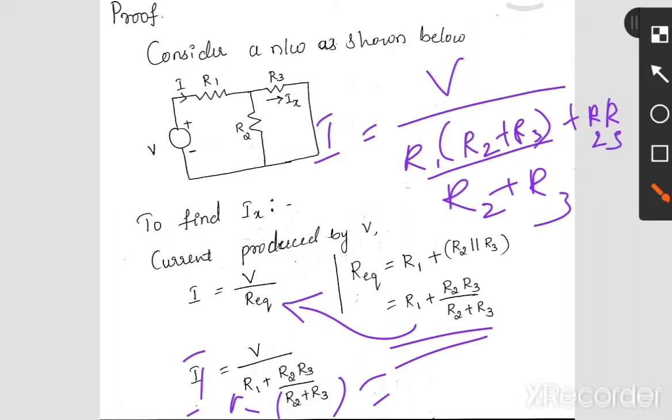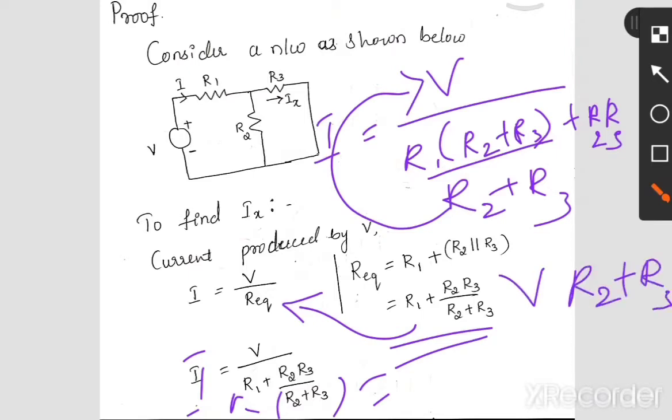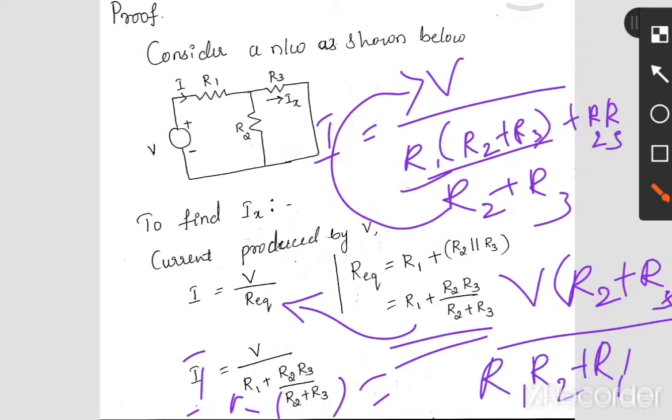Now the R2 plus R3 can come up. So V into R2 plus R3, divided by R1 R2 plus R1 R3 plus R2 R3. This formula is your I.